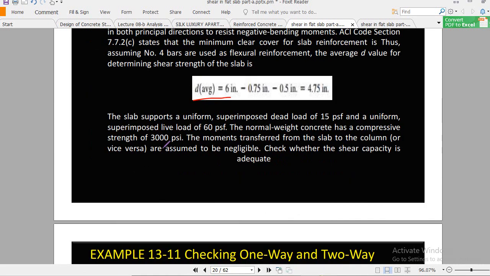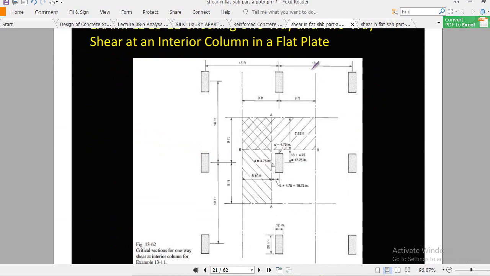Next we have this kind of slab system, 18 by 18 in both directions, and we have to check this column for punching shear as well as for beam shear. So we need to calculate the tributary area for both beam shear and punching shear. What will be the tributary area for the punching shear?